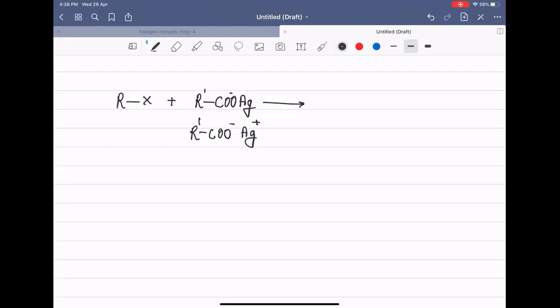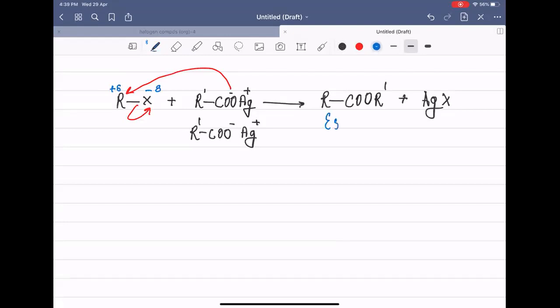So your nucleophile R-COO minus attacks the partially positive carbon, and you have R-COO-R dash plus AgX. This is your ester which is formed.